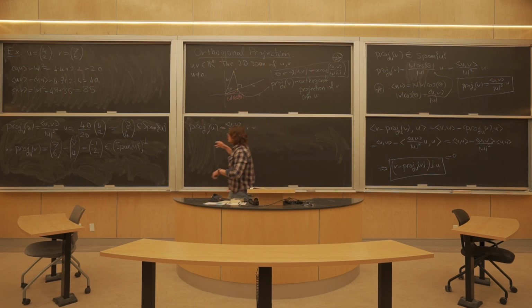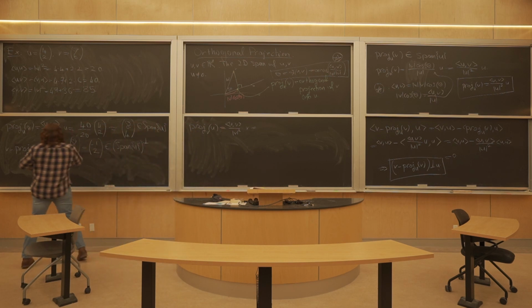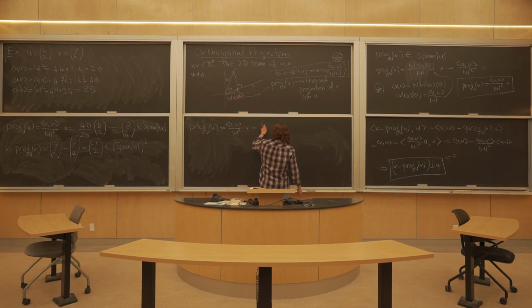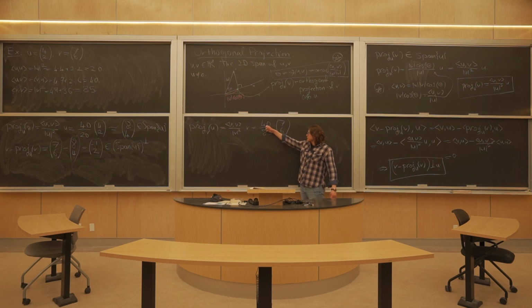So the same numbers, or similar numbers: in the numerator I'm going to have 40, in the denominator I'm going to have 85. And then my vector V is 7, 6. If I divide this by 5, I get 8.